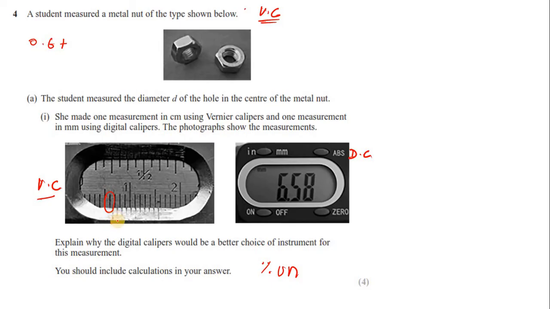So this is line number 0, 1, 2, 3, not aligned, 4, and 5. Yeah, this is 6. You see here, the line number 6 is aligned best with the above line. So the Vernier reading is 6.